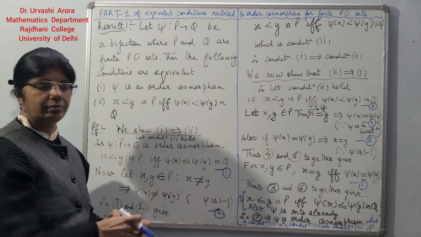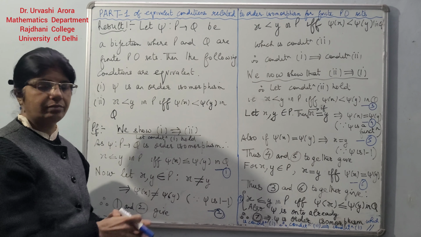Now let me explain what is given in result 1 and what you have to prove, and then of course I'll come to the proof. Result 1 says that P and Q are two finite sets and they are PO sets. We know what a PO set, or a partially ordered set, is. In my earlier videos I have already discussed the concept of PO sets.